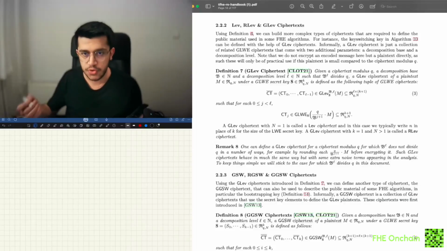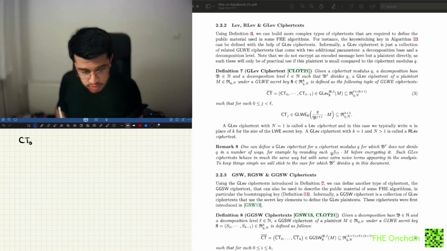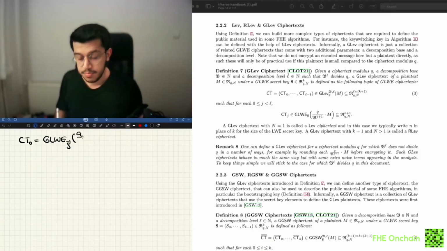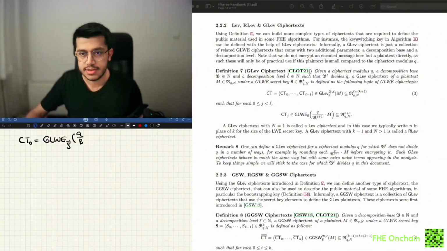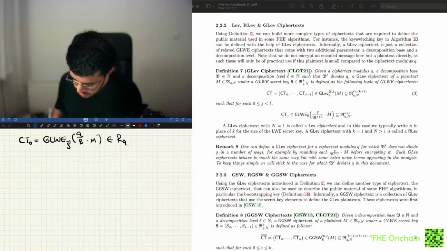So for instance, for CT0, we have the GLWE encryption, under the GLWE secret key S, of Q over B times M, because in this case J is 0, so 0 plus 1 is 1, and it means we have only B. This is an element of the polynomial vector space.